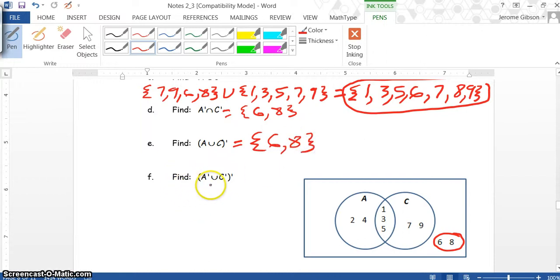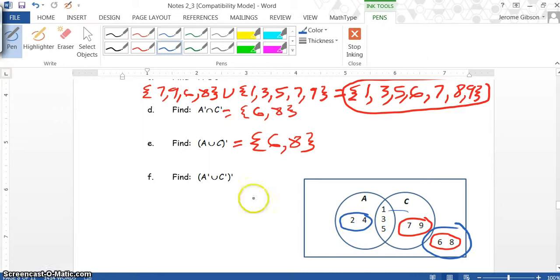Now we come to find A complement union C complement. Okay, now this is what we would need to do. The complement of A, we know here is 7, 9, 6, 8. The complement of C, we know here is 2, 4, and also 6, 8. Now we want the complement of all of that.